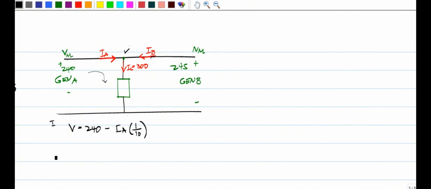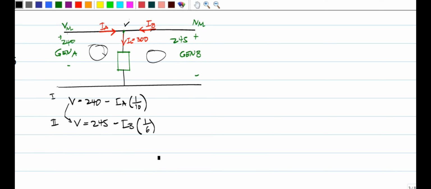For generator 2, V is equal to 245 minus IB over 6. Now the voltages are equated.